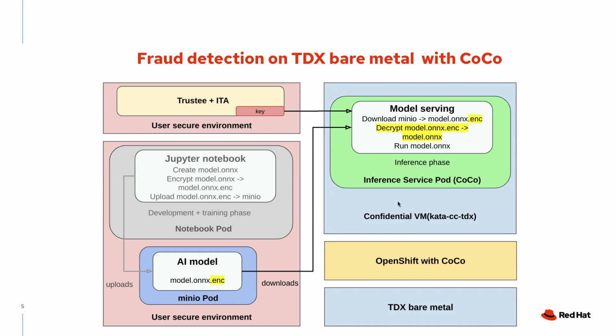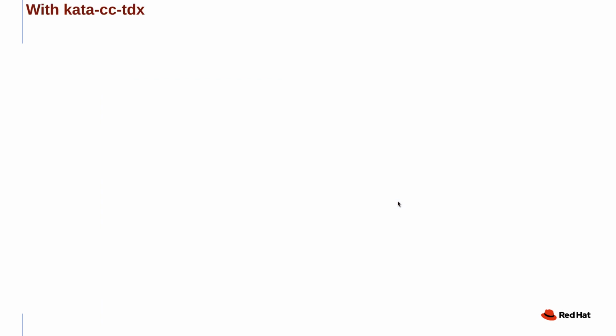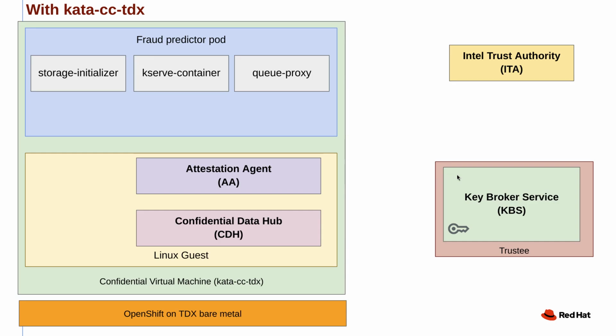Okay. So next slide, let's show the detailed workflow. There are several components, including the KBS, ITA, AA, and CDH, and I will give a simple introduction about them. The Trustee Key Broker Service is a server that facilitates the remote attestation and secret delivery. The ITA verifies the evidence and sends the attestation token.